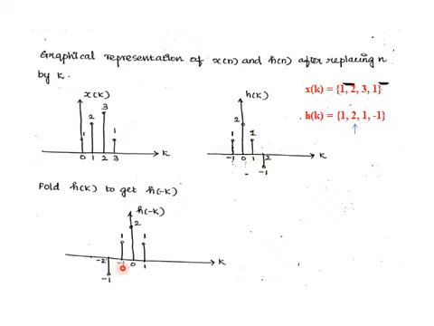So it will come here, minus 1 and minus 2. And towards left, since we have only one sample, this sample will be drawn on the right side. So now this will be the graphical representation of h of minus k. You have folded the signal with respect to the origin by replacing all the samples on the right side to the left and all the samples on the left side to the right to get h of minus k.